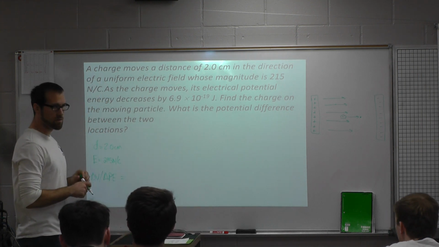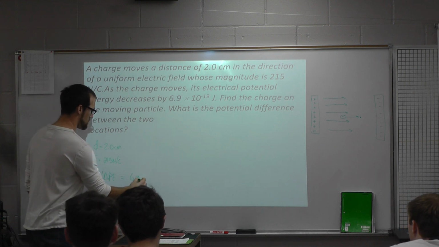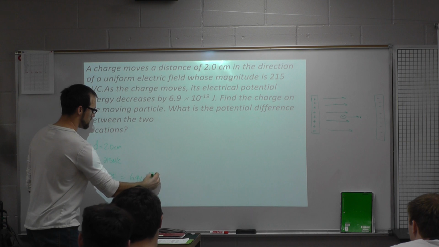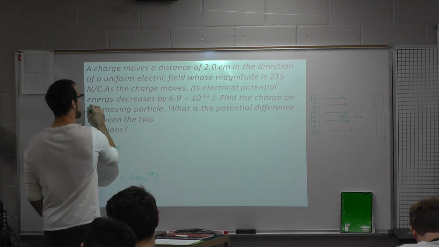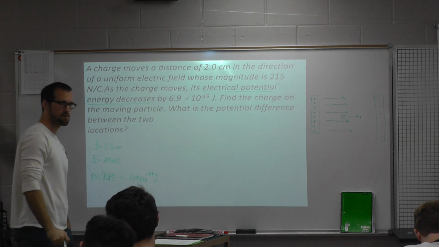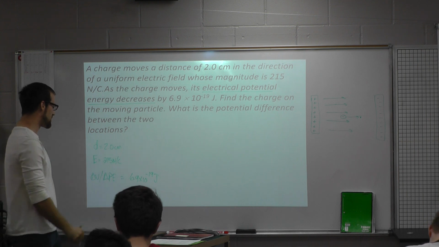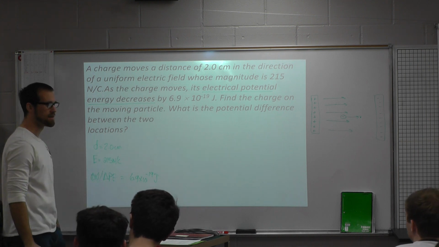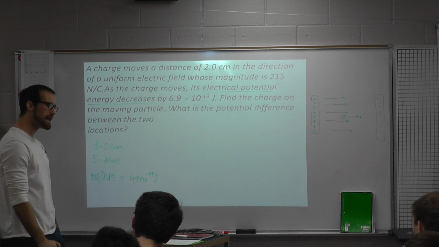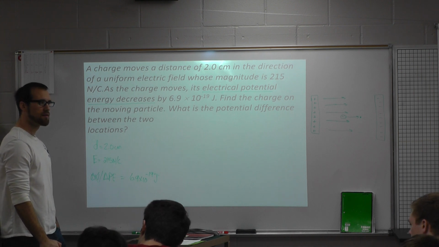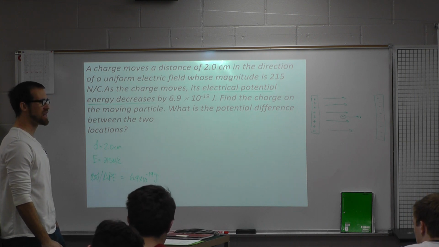What is 6.9 times 10 to the 19? Is that Q? No, it's changing V. It says electric potential energy decreases. Change in potential energy and the change in volts are very closely related.